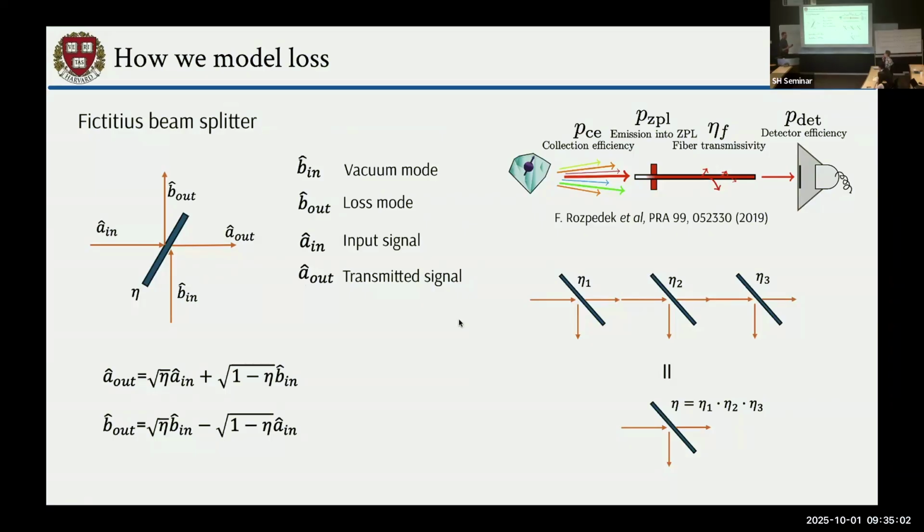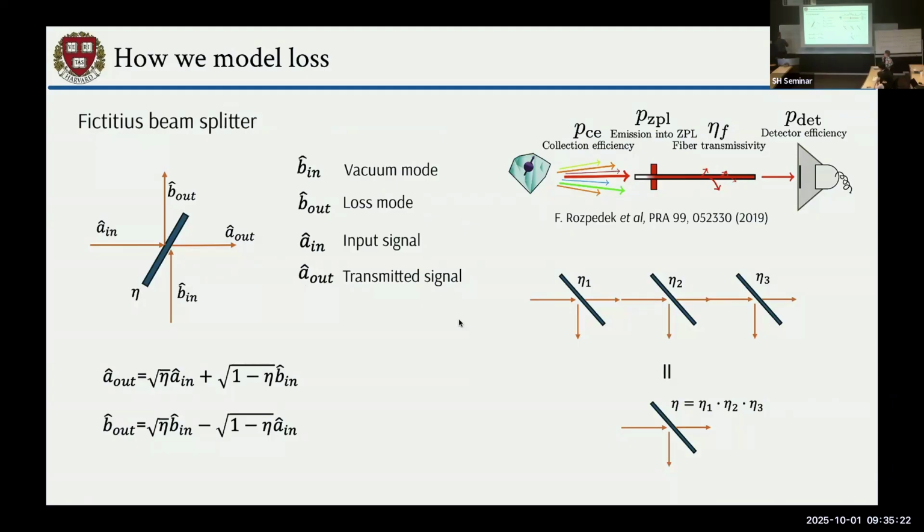You can write it as an operator itself, which is some mixing of the 2 modes, or you can just write it as a matrix in the basis of the annihilation and creation operators if you want. So in this case, you would just say, okay, A out, A in is equal to, can you see what I'm writing actually?